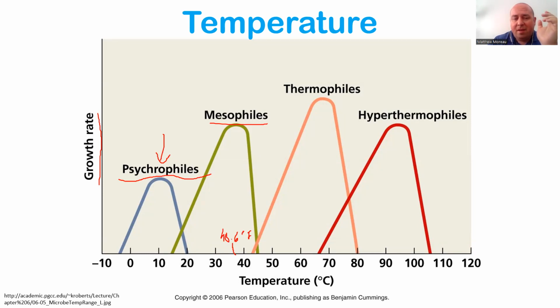Anything above that, we get into the thermophiles. And for those that live in the deep sea thermal vents, in volcanoes and volcanic ash, we have the hyperthermophiles, which live up to degrees close to 110 or 115 degrees Celsius.